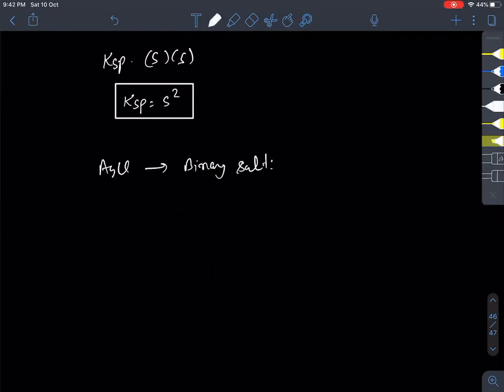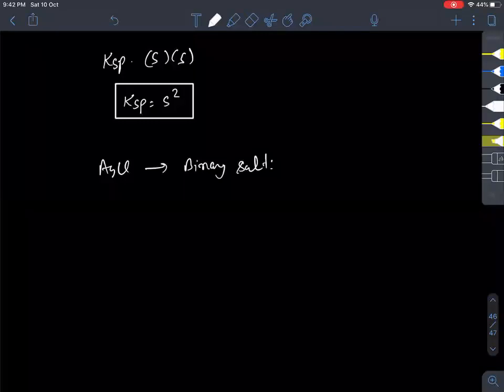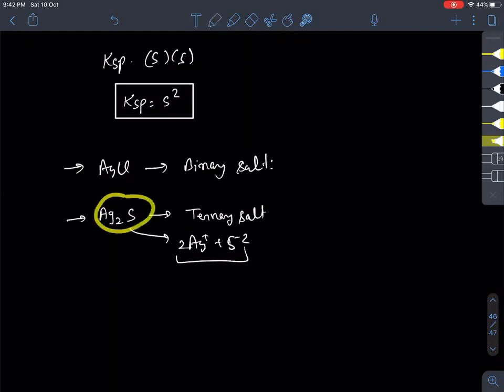Similarly, guys, let us consider the other example, Ag2S. It is an example of a ternary salt. Why? Because when you dissolve it, it will give you 2Ag+ and S2-. So basically 3 ions per unit of Ag2S.